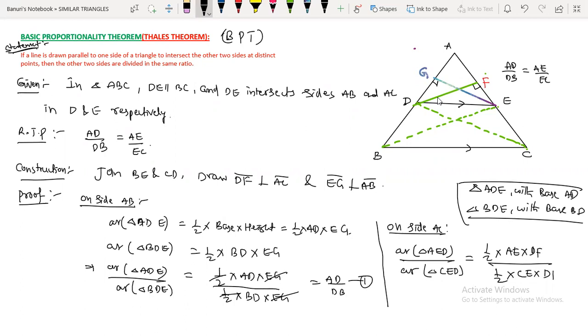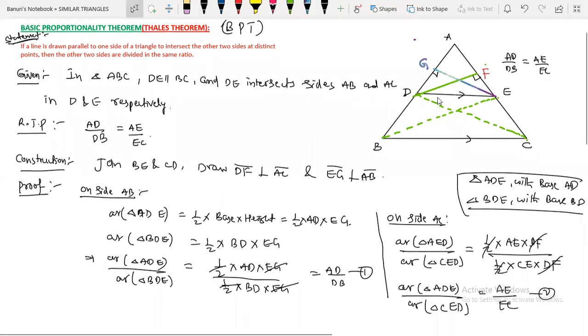So the height is DF, so DF and half cancel. So I'll get area of triangle ADE by area of triangle CED is equal to AE by EC.